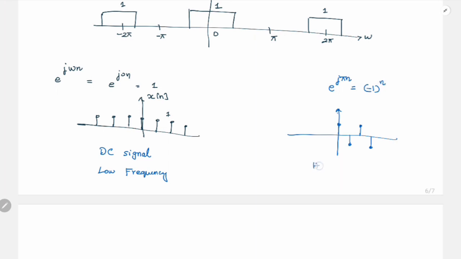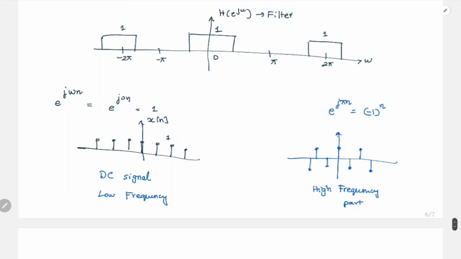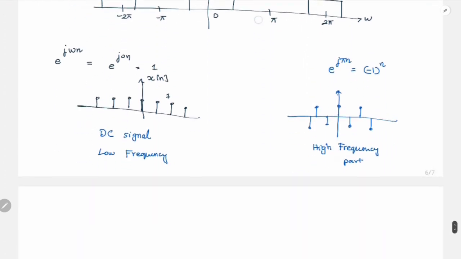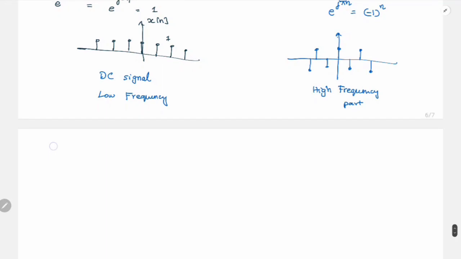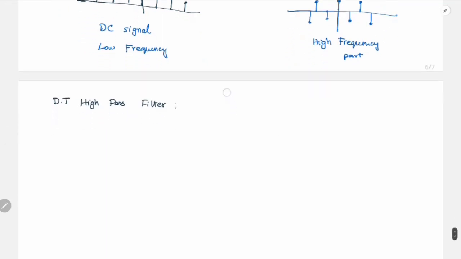So this will give your high frequency part. High frequency means it is rapidly changing. This is the most rapidly changing signal you can get. That is why all your high frequency components are concentrated around pi, and your low frequency components are concentrated around 0. So now we know how the high pass filter will look.